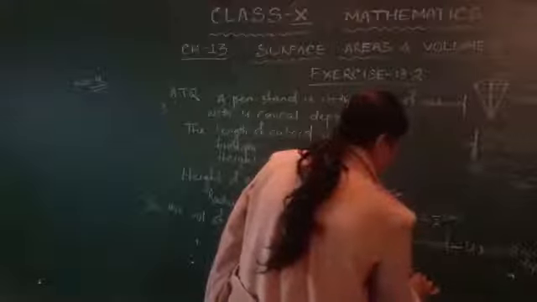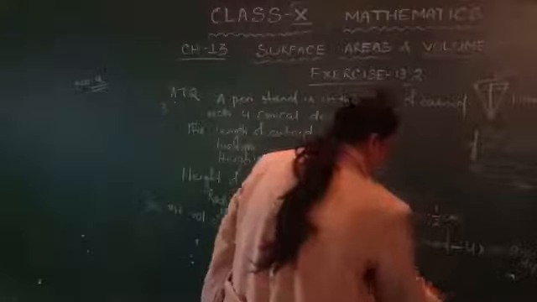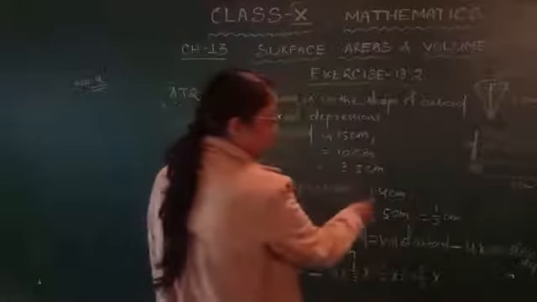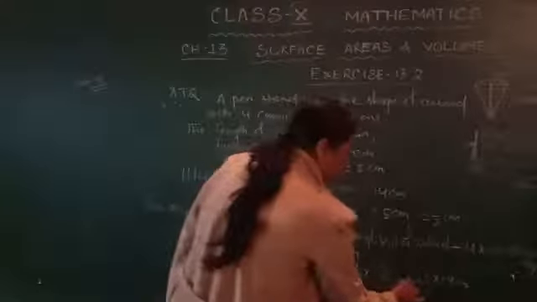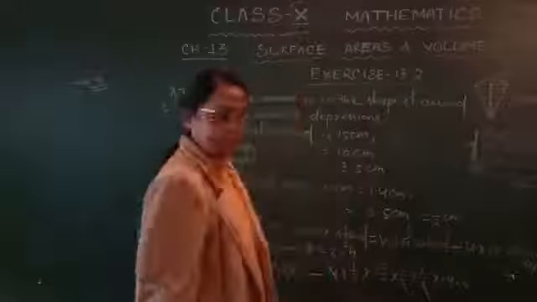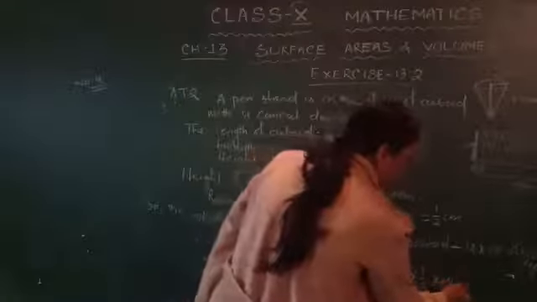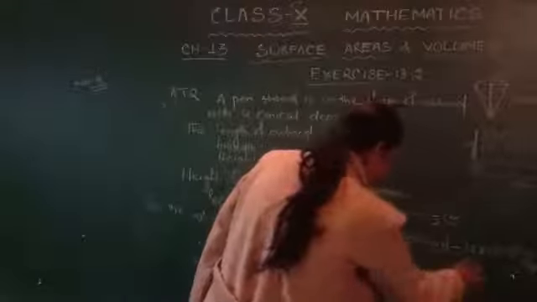So you write 1 upon 2 into 1 upon 2 into h. H is 1.4 centimeter. Now 2 and 4 cancel. Here it is 7, here it is 0.2.